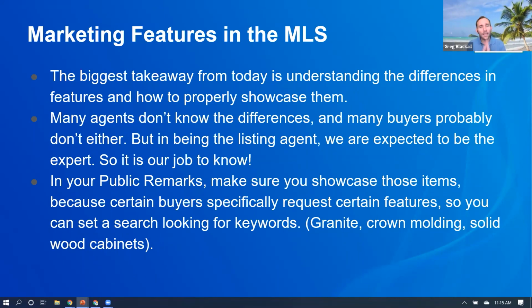So in your public remarks, make sure that you showcase those items: crown molding, upgraded baseboards, granite, quartz, whatever those things are. Make sure that you show those things, because again, it could be the difference between why a buyer would choose your listing versus somebody else's. A lot of agents just don't understand what these features are, so they don't do a very good job at showcasing them.